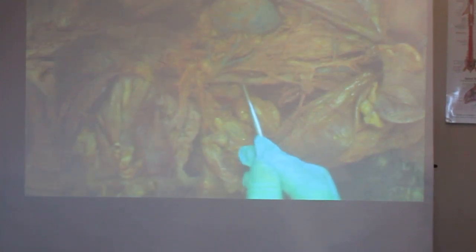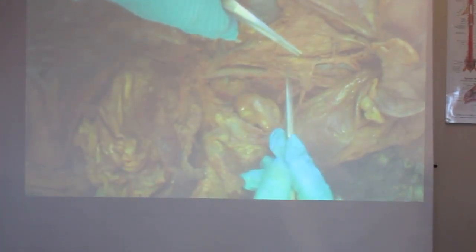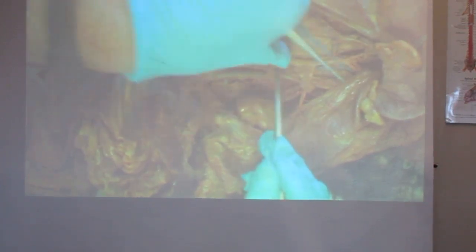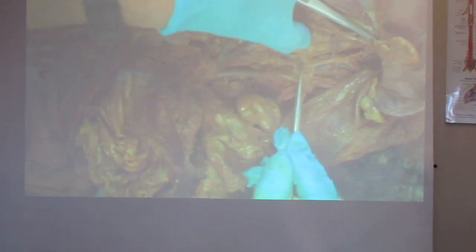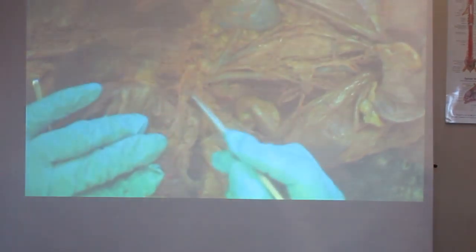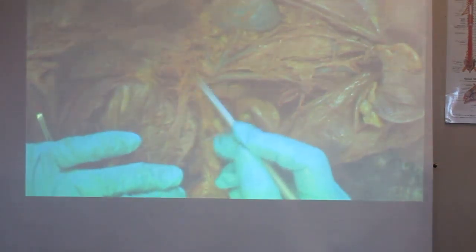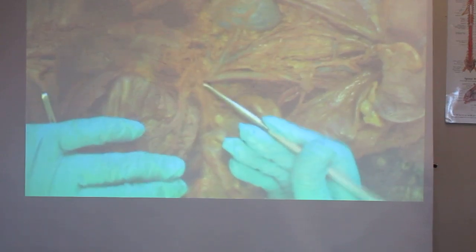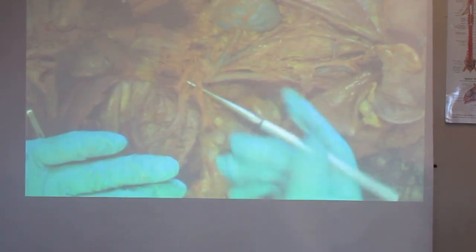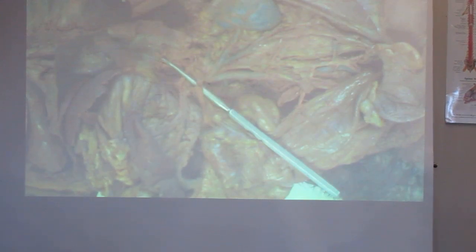Next, we're going to bury the abdominal aorta in towards the musculature. Now, I forgot to mention, sorry about that, here is our celiac trunk. We have another unpaired vessel right here. What's that one?